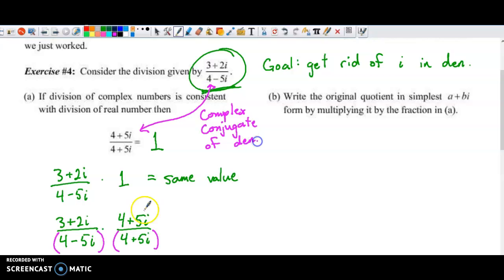That's why we do that: we just learned that multiplying by a complex conjugate gives you a real number. In other words, it gets rid of the i in the denominator.